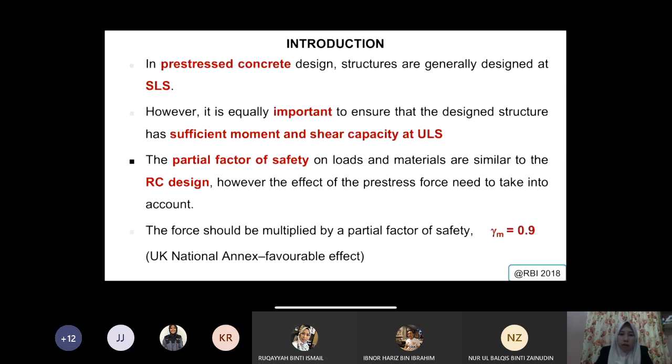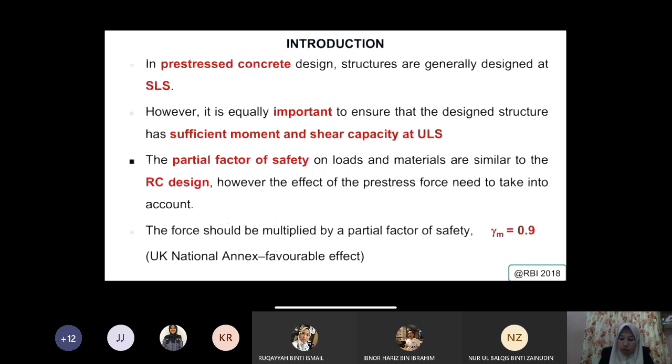The partial factors of safety on loads and materials are similar to the RC design. However, the effect of the pre-stress force needs to be taken into account. So this is where you will take note.